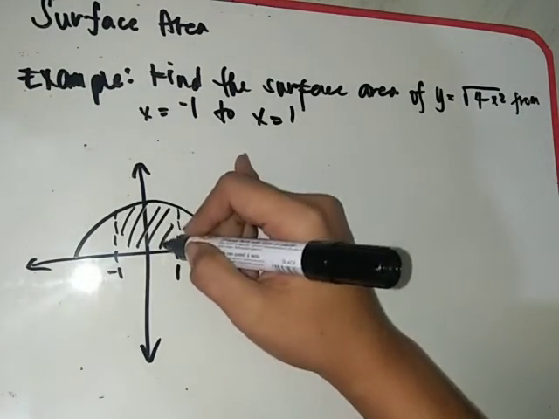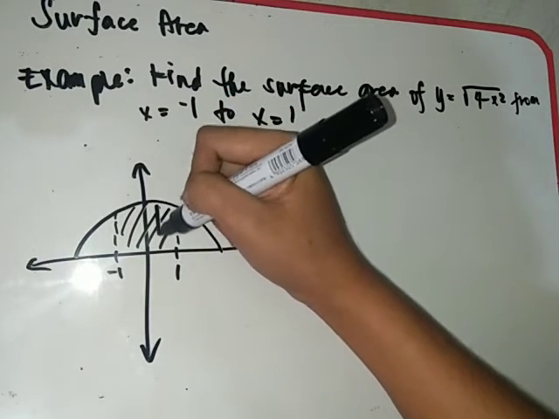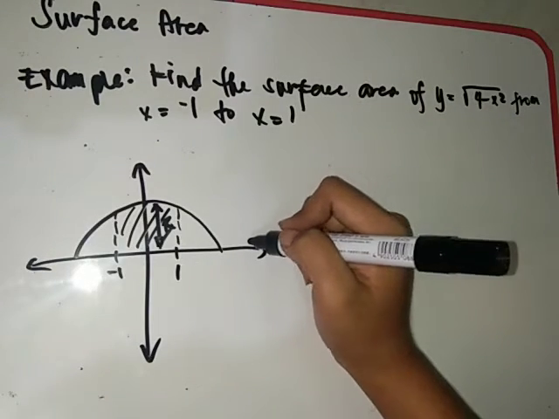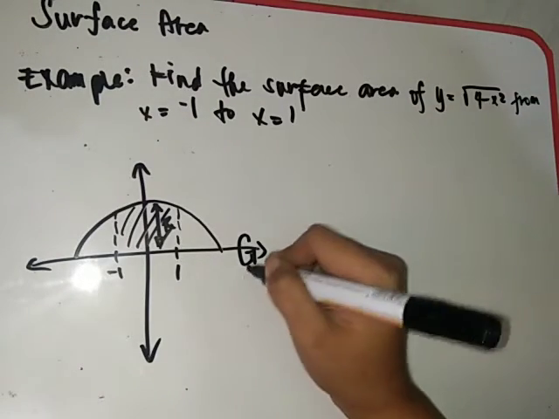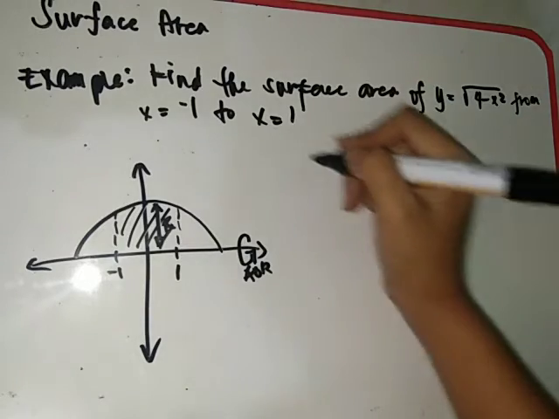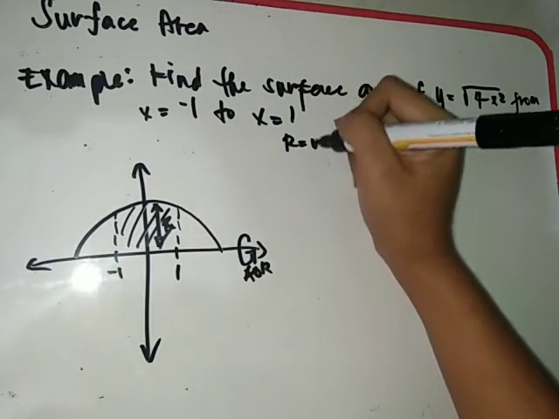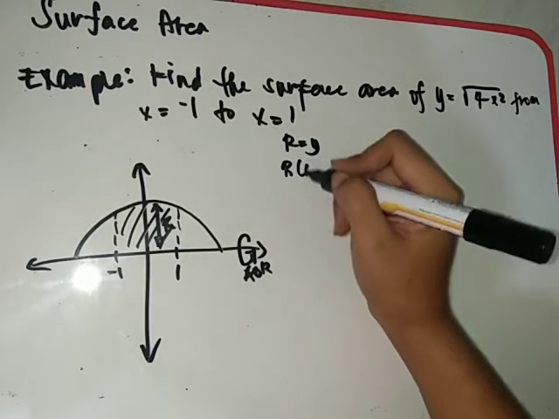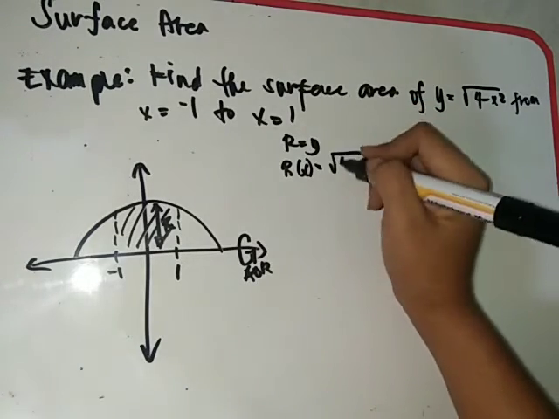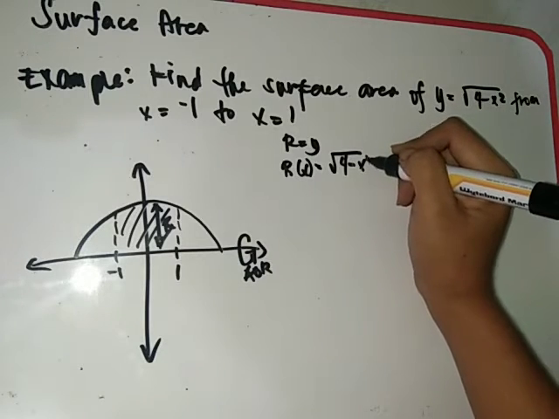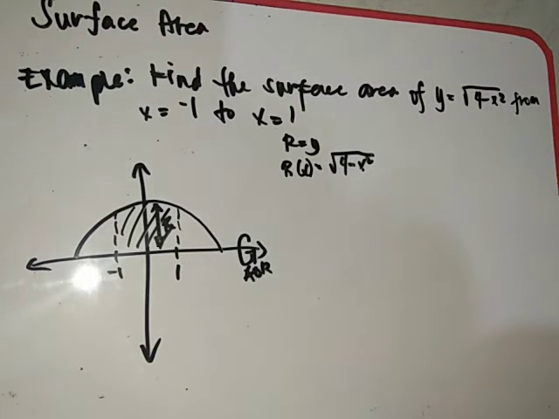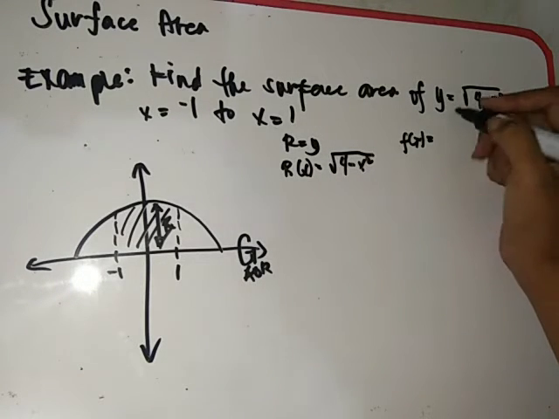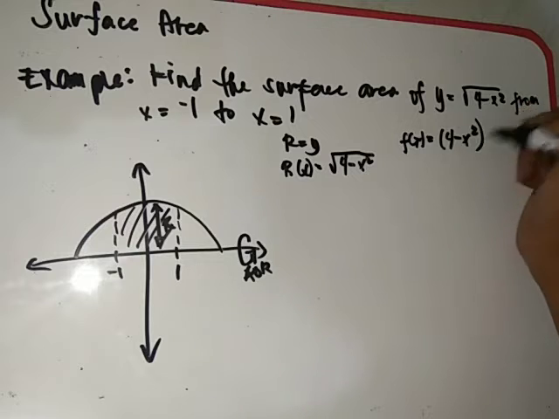The distance from the x-axis going to the curve is r, and it will rotate about the x-axis. So r is equal to y, or the height. We have r of x is equal to square root of 4 minus x squared, and f of x is equal to 4 minus x squared raised to 1/2.